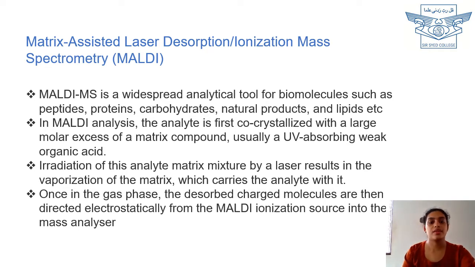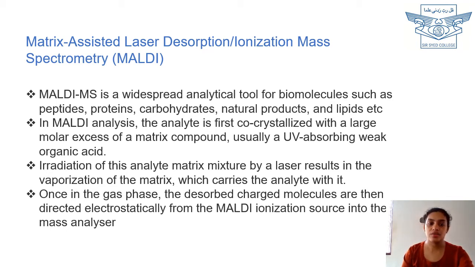It's mainly used in the analysis of natural products such as proteins, carbohydrates, lipids, etc. Here the sample for analysis is co-crystallized with the matrix material. Matrix will be in very large excess. The ratio is normally 5000 to 1. That is, for 5000 matrix molecules, only one analyte molecule will be present.